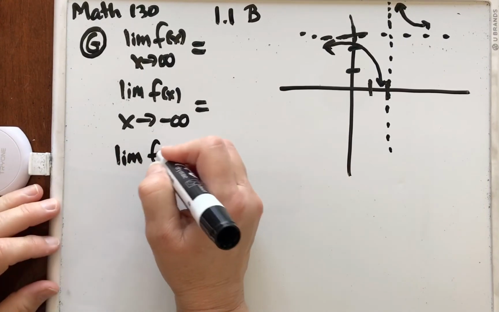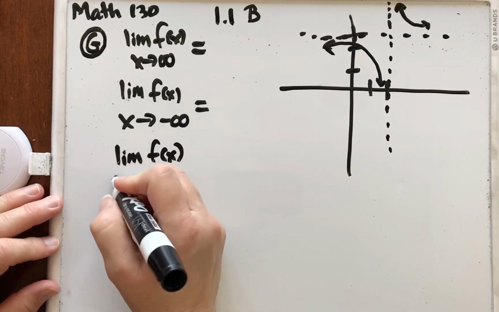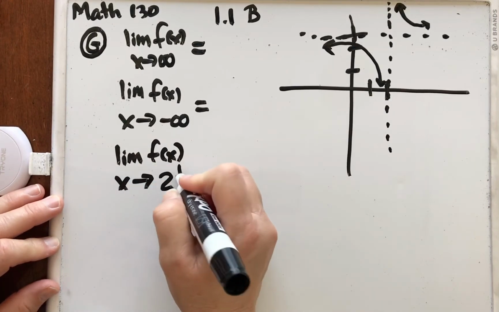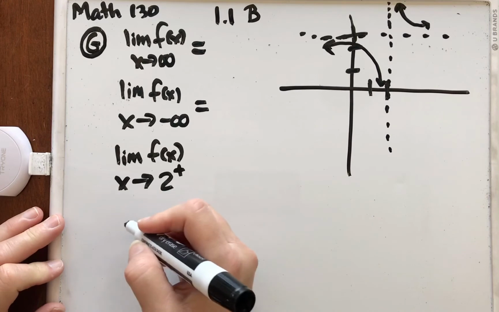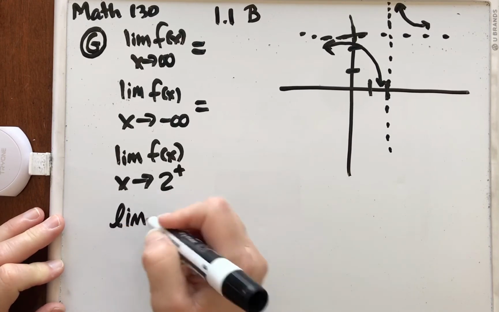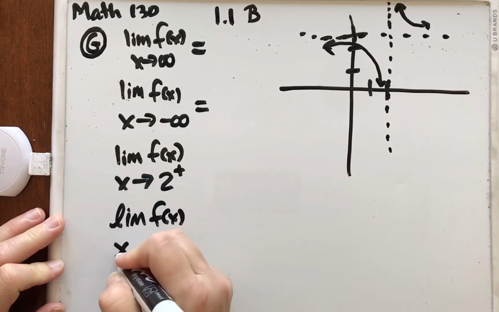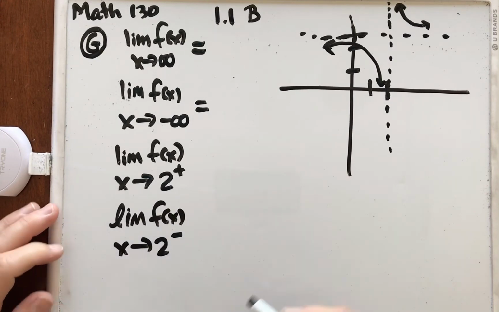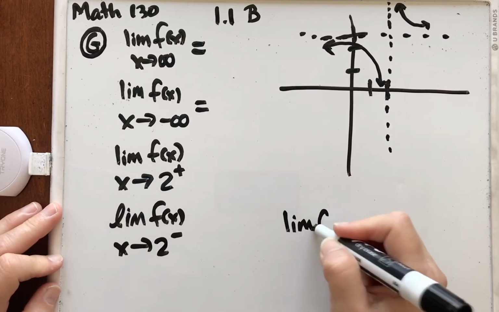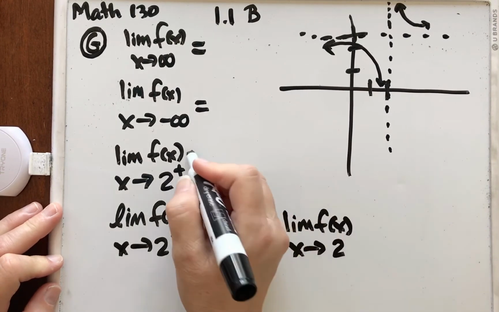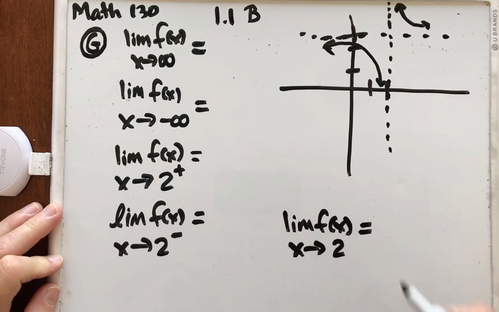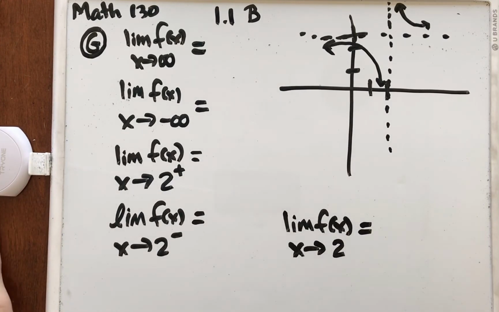Just want to make sure that you're understanding what we're talking about. x approaches 2 from the right. Okay, I'll give you a moment to do that.